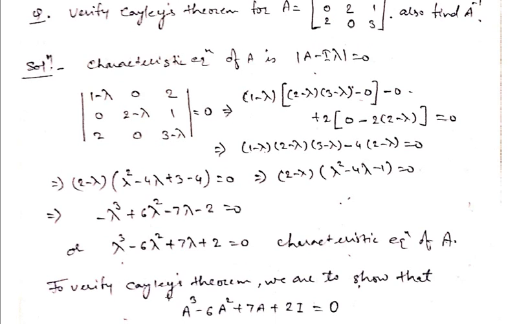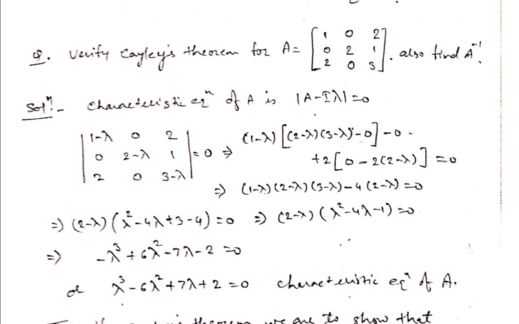Now if we want to find its eigenvalues or eigenvectors, then we will find its roots, but to verify Cayley's theorem there is no need to find the eigenvalues. Simply, as Cayley's theorem says, every square matrix which is non-singular satisfies its characteristic equation.